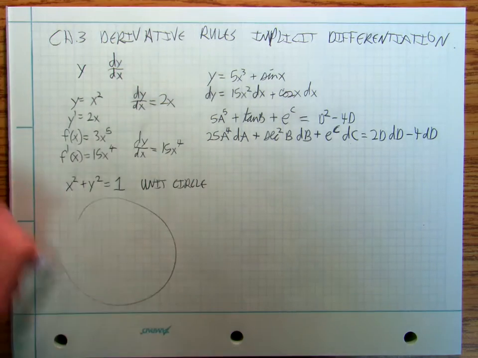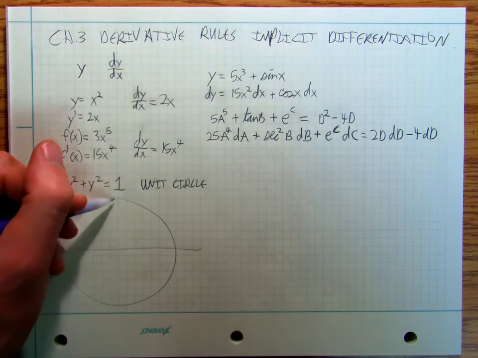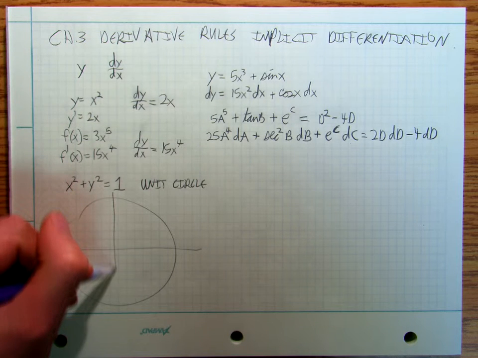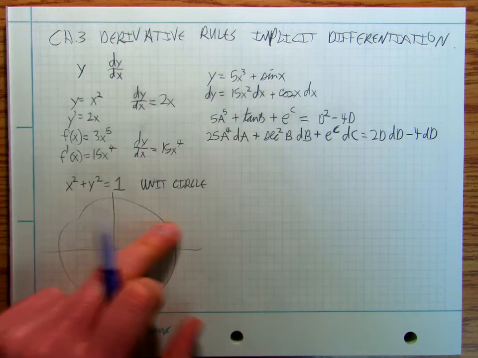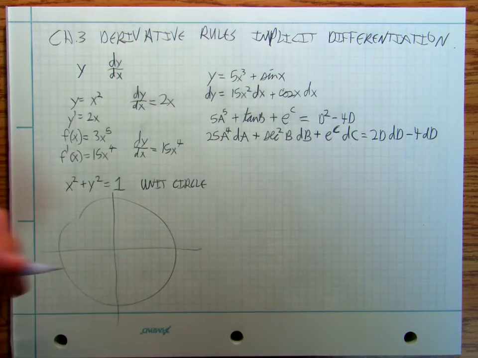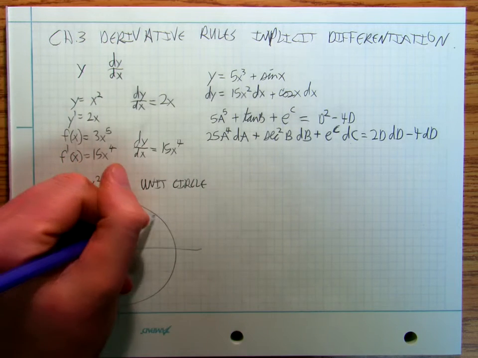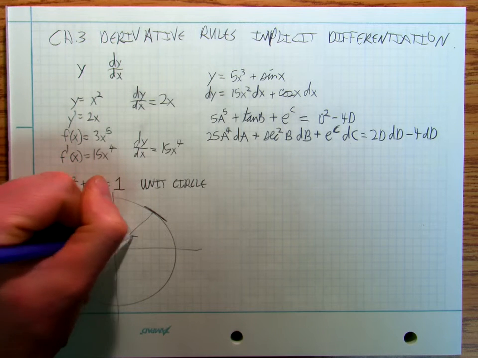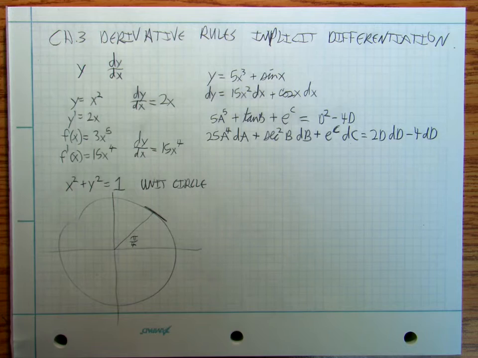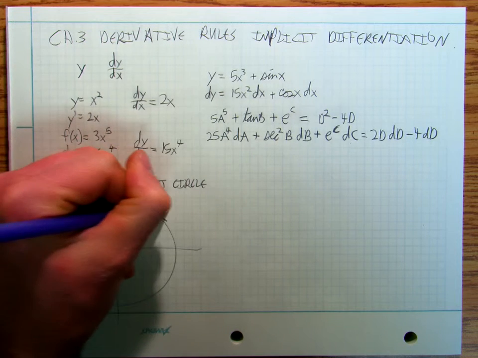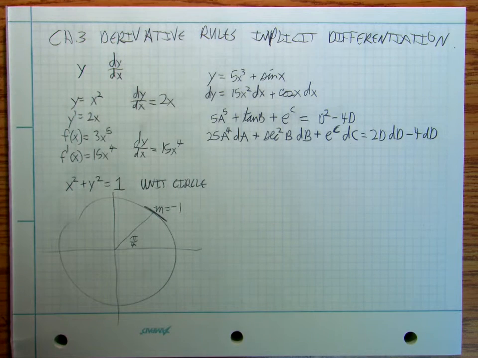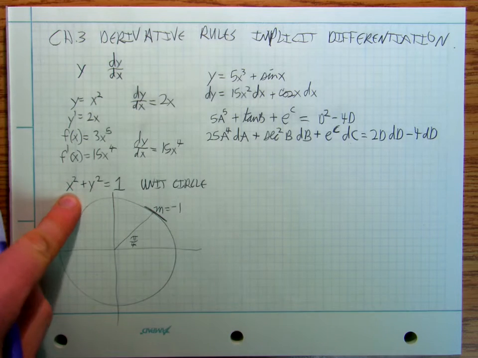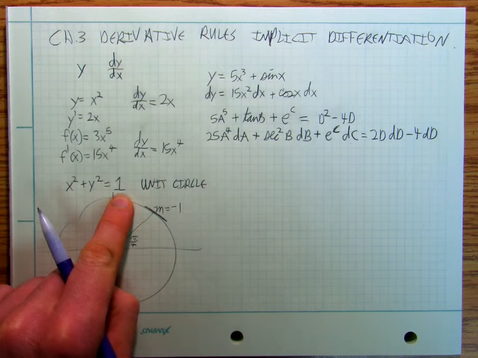I want to know what's the slope of this line at pi over 4? Well, I'm pretty sure it's going to be -1. But how do I find the derivative of this?